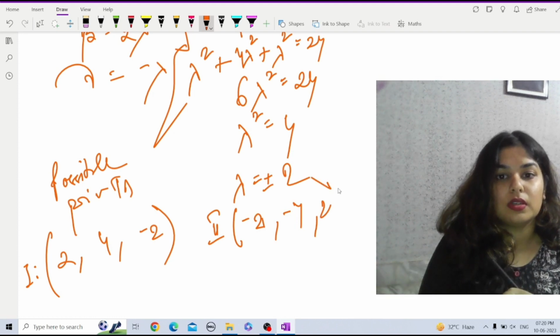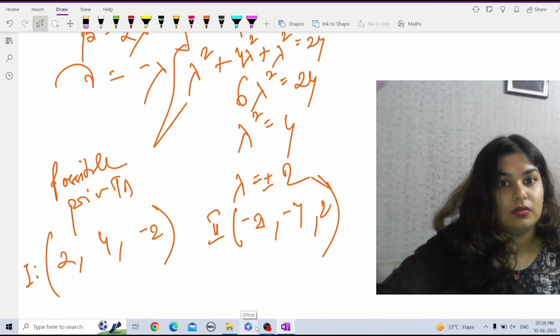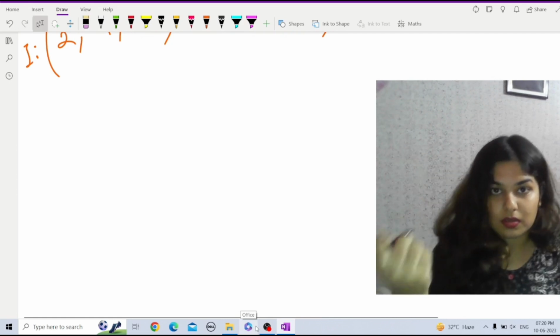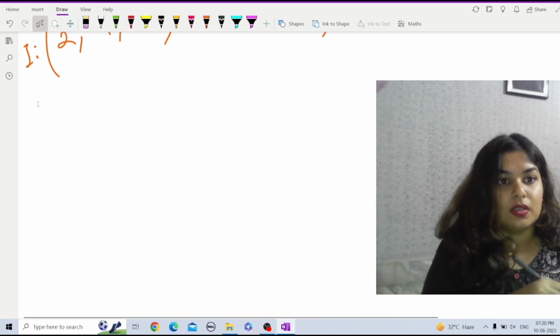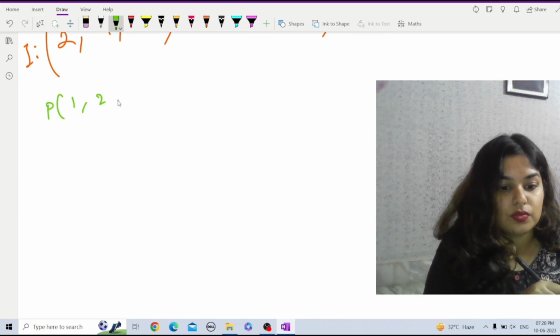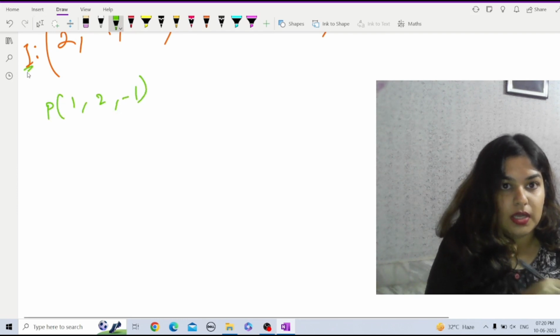Now let us use the distance formula to find the distance from the point P. We have to calculate the length. We know the value of P is 1, 2, -1, and these are the first point and the second point.